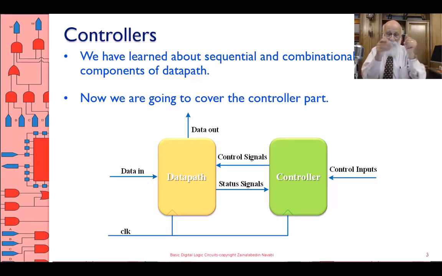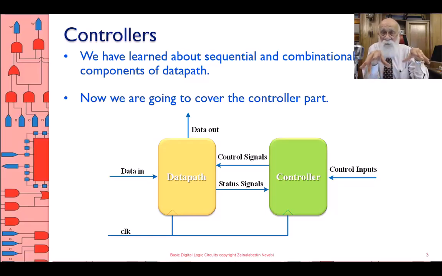See, a complete digital system has a data path and a controller. Now, the data path for a digital system is the one that has the ALU, has the adder, has the subtractor, has the registers, has the counters, shift registers, and all that.